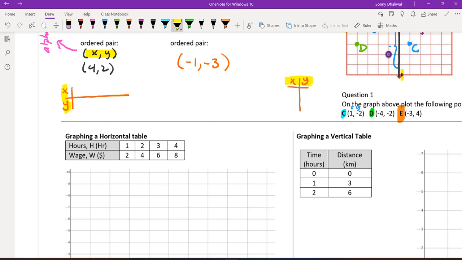X comes before Y. When you are reading a book, you go left to right, alphabetical order, X, Y. You go from top to bottom, X, Y, alphabetical order.